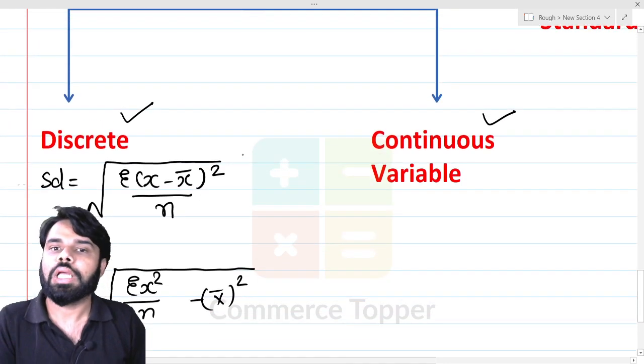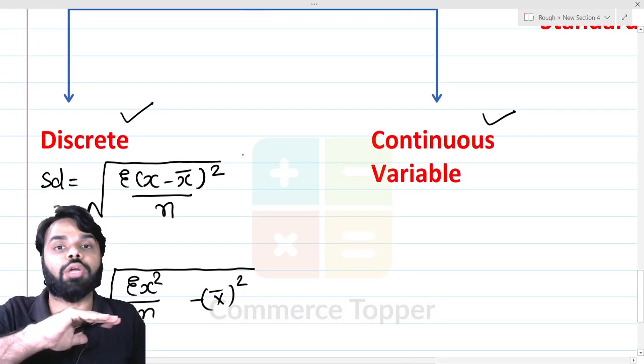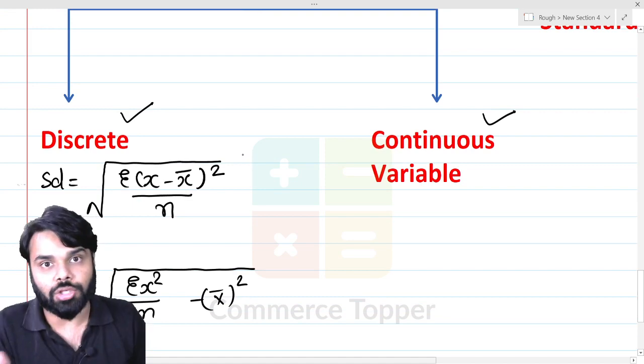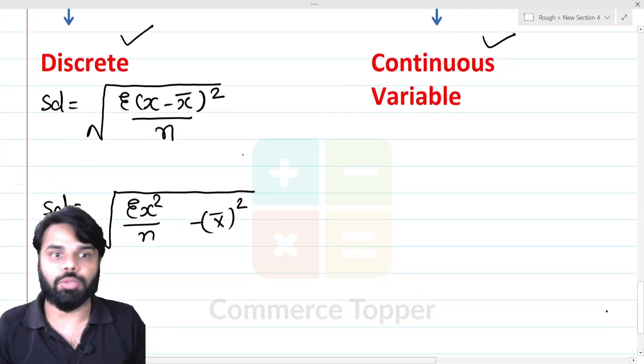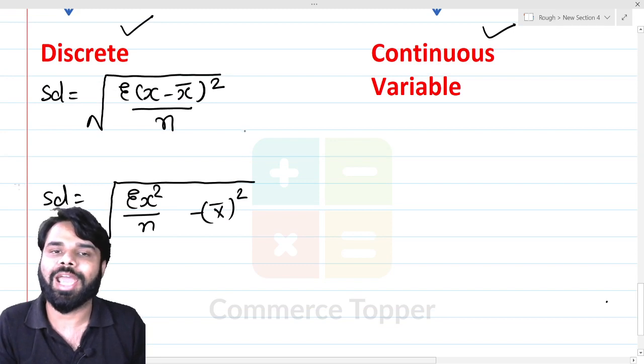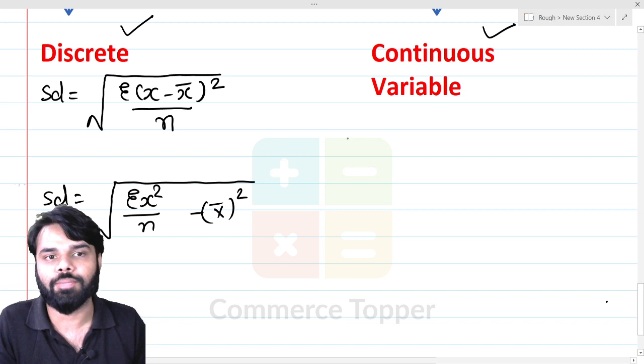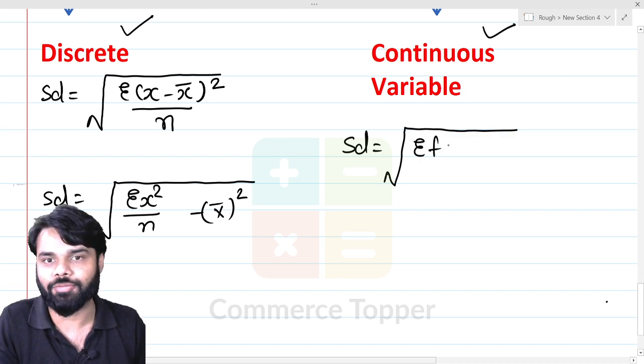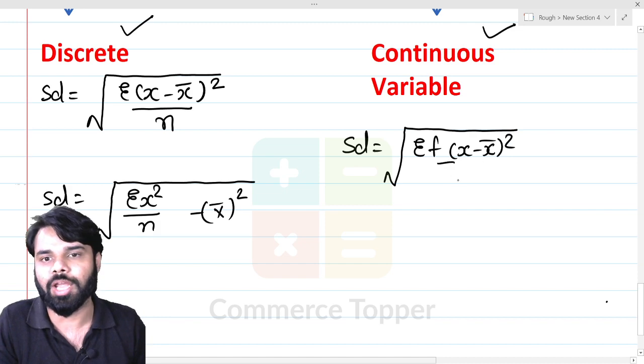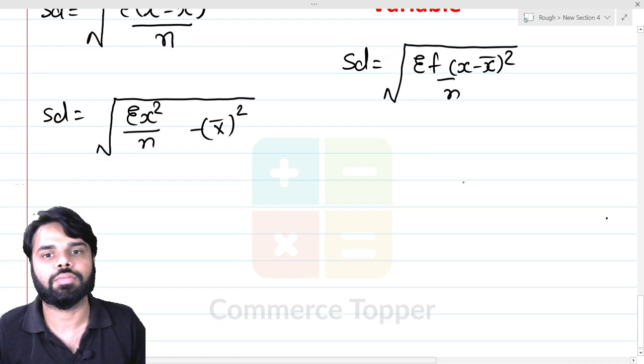Now, in case you want to find standard deviation for a continuous variable, then just put f. See, I'm writing the formula. Standard deviation equals under root sigma f x minus x bar square upon n, and the formula is done.